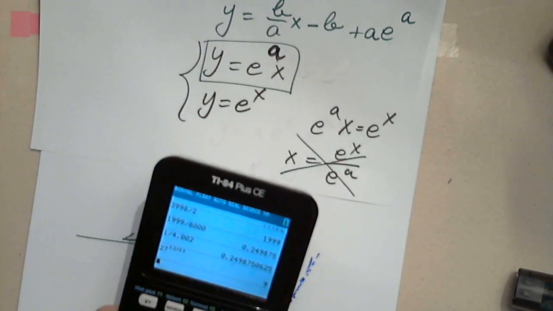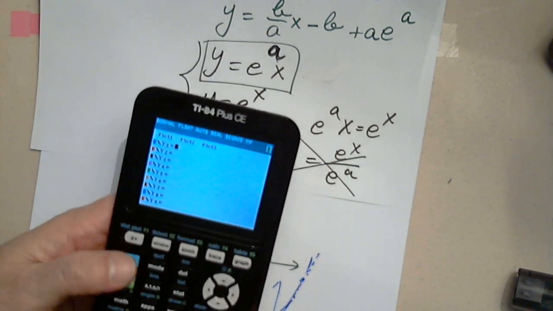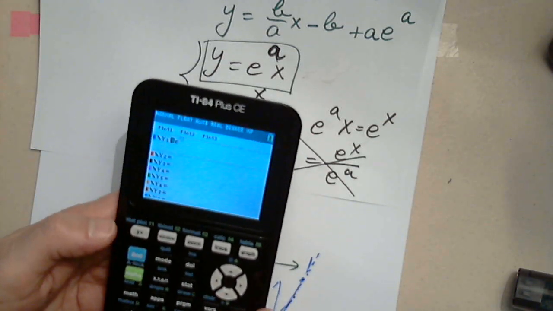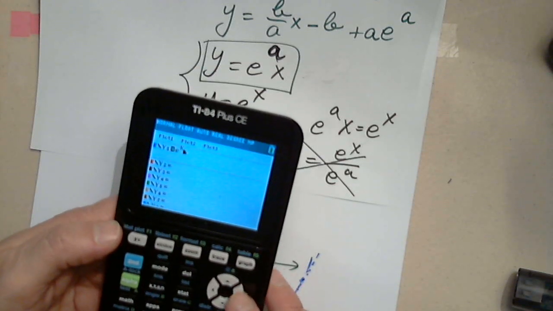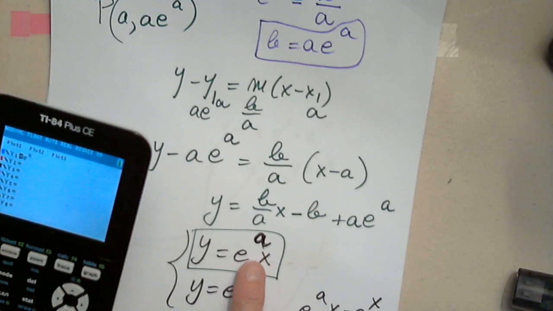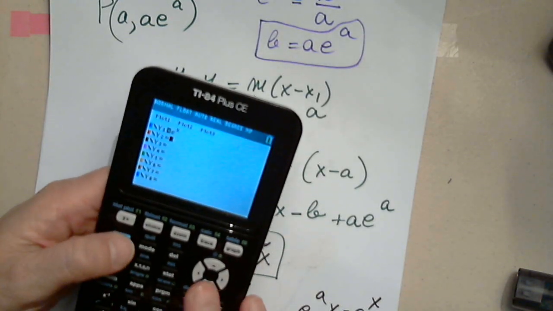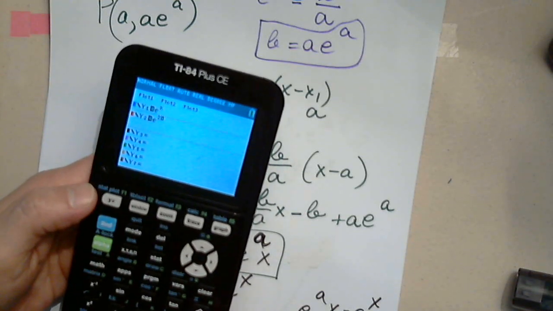We can do this with a graphing calculator. So e to the x, and then I'm going to just make up an a. Let's say e squared x.